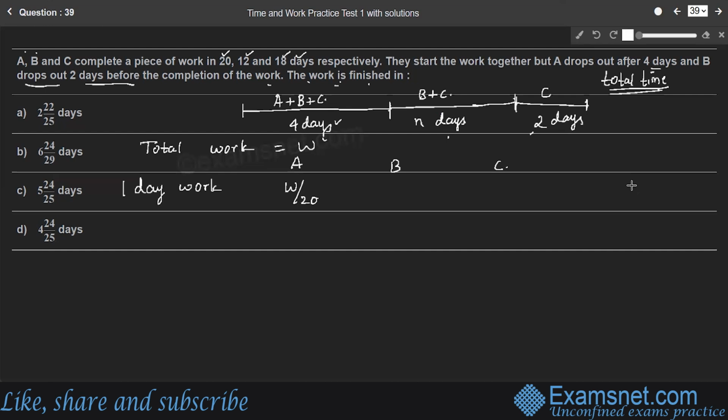B's 1 day work is W by 12, whereas C's 1 day work is W by 18.